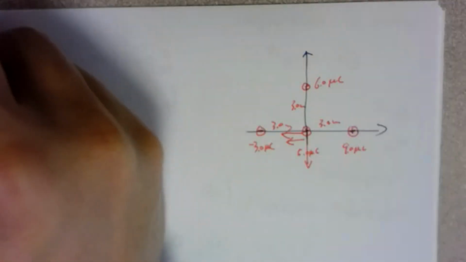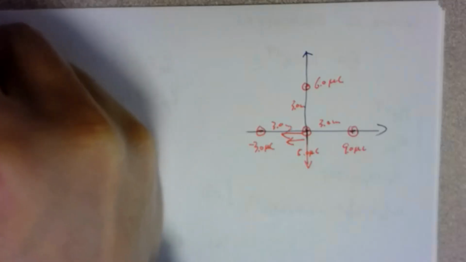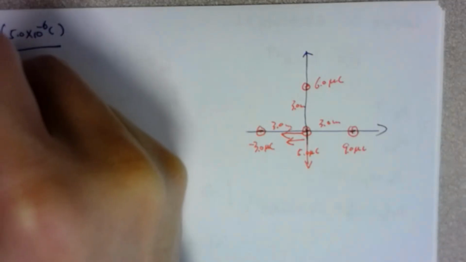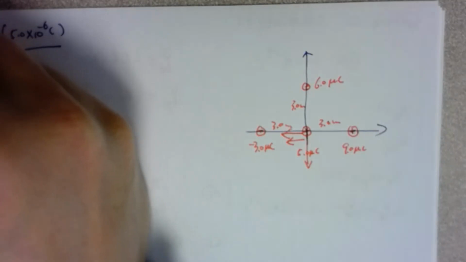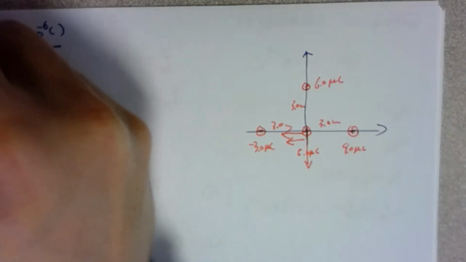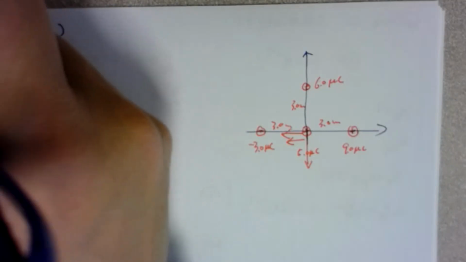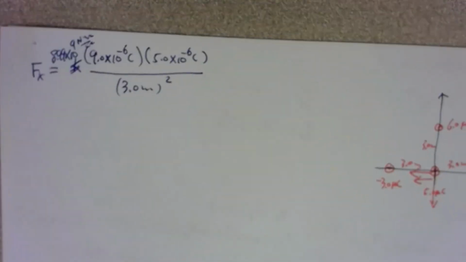K times 9.0 times 10 to the minus 6 coulomb, so microcoulomb, and the 5.0 times 10 to the minus 6 coulomb, divided by the separation of 3.0 meters squared. And K is 8.99 times 10 to the 9 newton meter squared over coulomb squared. So that's the units on that.